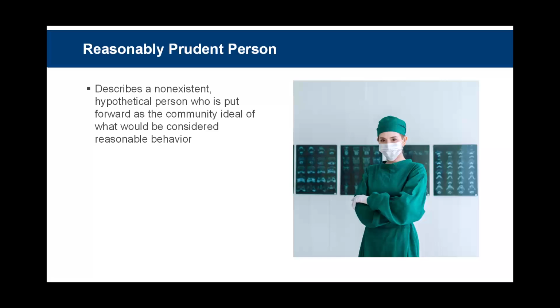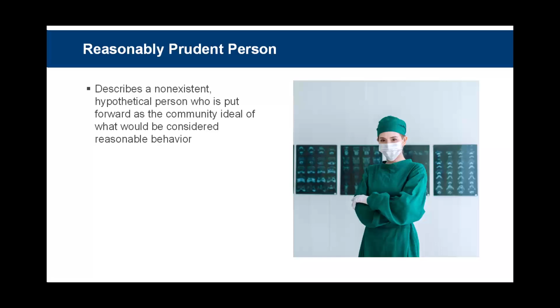This concept is fundamental in determining what constitutes negligence in both everyday and professional settings. As illustrated on this slide, the reasonably prudent person describes a non-existent hypothetical individual who represents the community ideal of what would be considered reasonable behavior in a given situation.